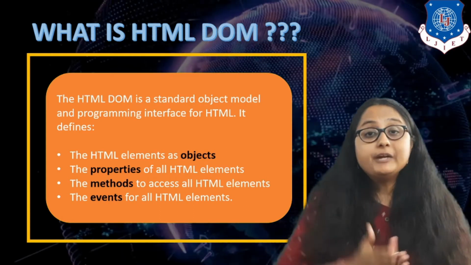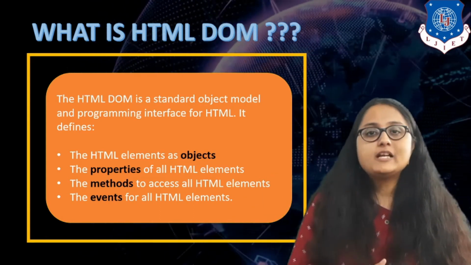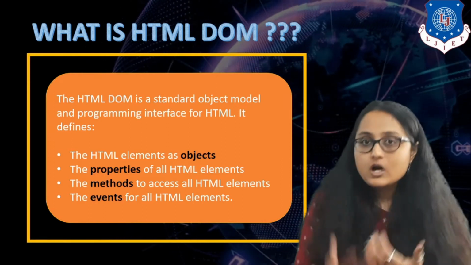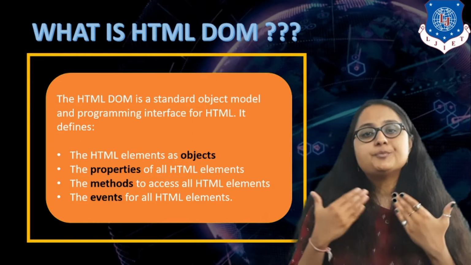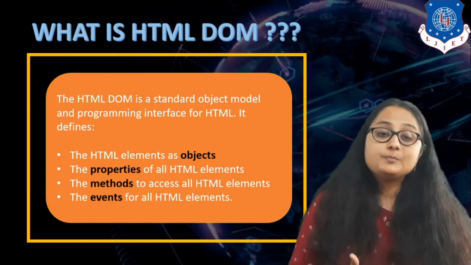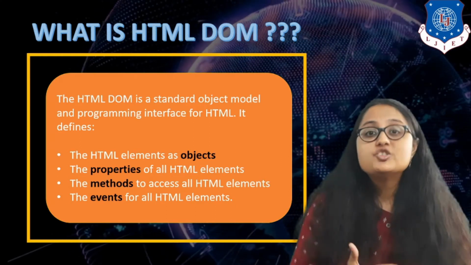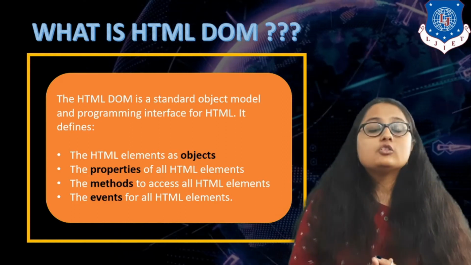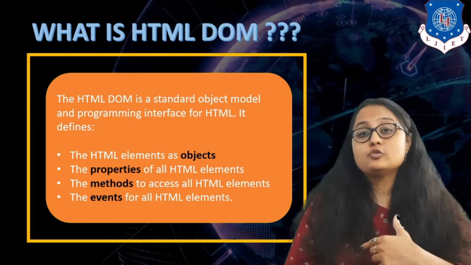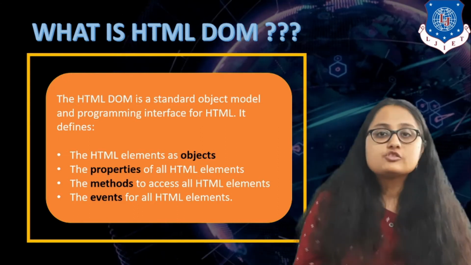Now I have repeatedly told you that in JavaScript, everything is an object. JavaScript is an object based programming language. So the HTML document that you load in your web page is also an object.